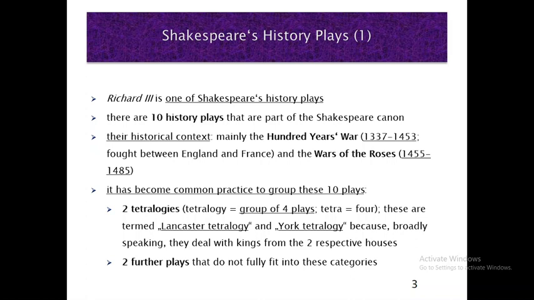So the Lancaster tetralogy basically deals with kings from that house, and the York tetralogy deals with kings from the York house. Okay, but I said there are 10 plays. I just referred to 8 of them, so there are 2 further plays that do not really fit into these categories, but altogether we have 10 history plays. This just as a general overview.